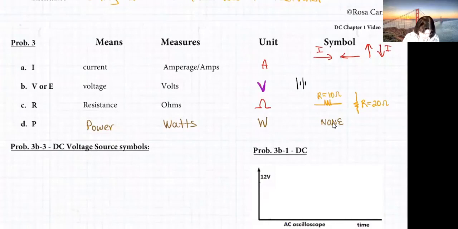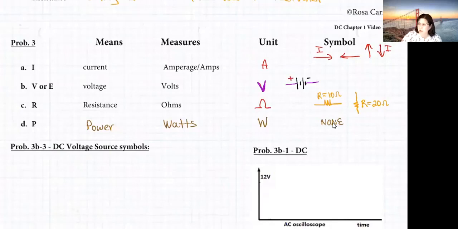So it's a pair, and it's only this part, and then of course it has a little line to connect it to something, okay? The first big line is positive, and the little line is negative.